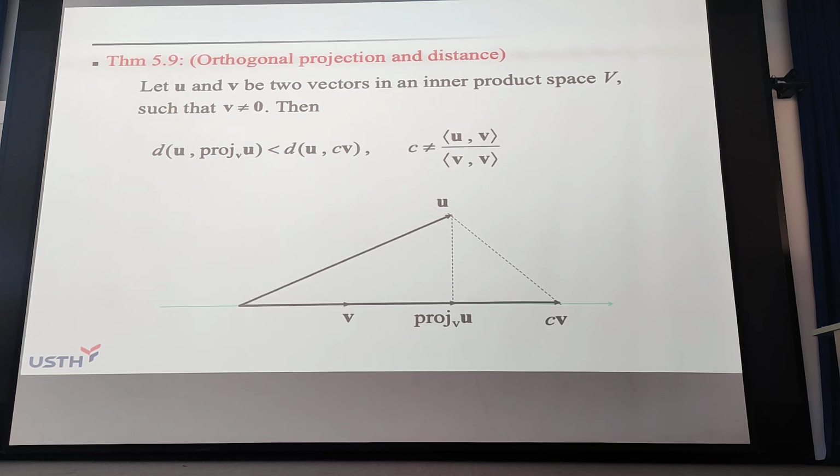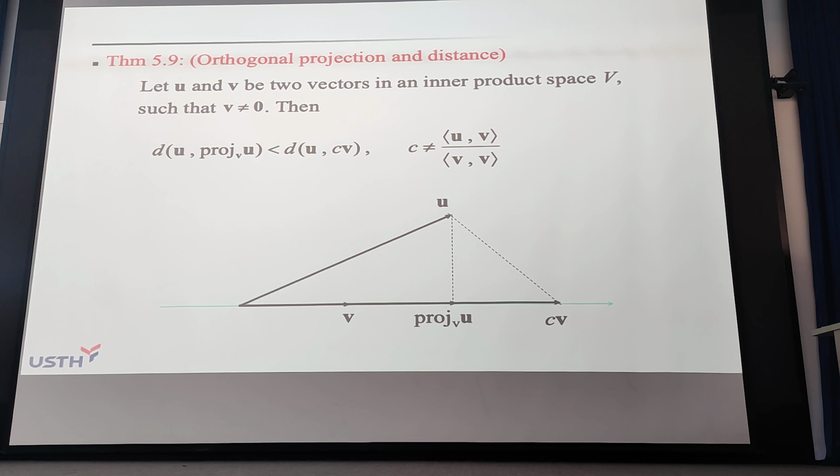And the next one is the property of orthogonal projection and distance. It says that the distance from U to its projection on V is always shorter than the distance from U to any other vector on the straight line containing V. It is here.